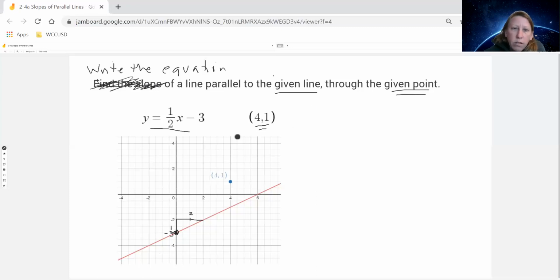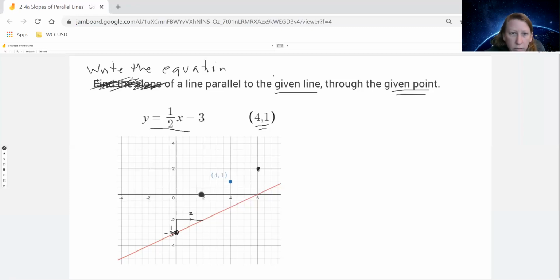And I have this random point, which is not on this line. If I put 4 and 1 into this equation, it won't be true. And I'm wondering, what's a parallel line going to look like? The parallel line is going to have the same slope. I'm going to go up 1 over 2. And I can imagine I can go down 1 over 2, down 1 over 2, like this.